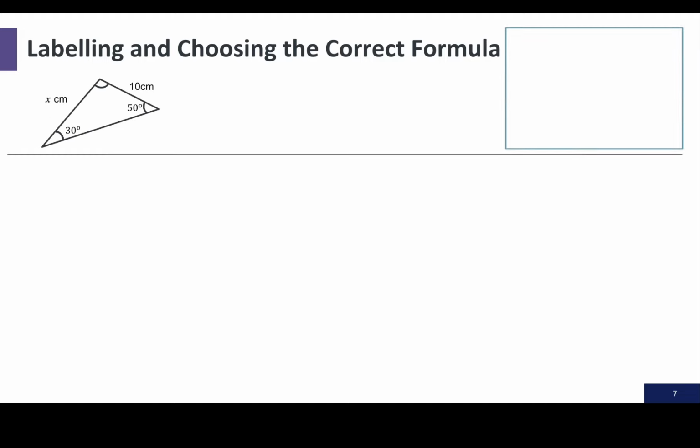This time, we're going to label the triangles and choose the correct formula. The first thing I'm going to do is label the triangle. I am going to call this side here lowercase a.